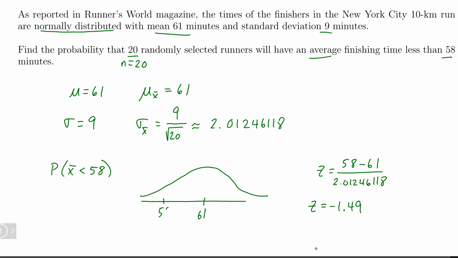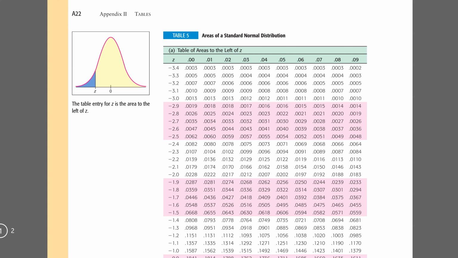So we know that we're looking for approximately this area. If we look up negative 1.49 on the normal distribution table, remember that we look for negative 1.4, and then we go over to the column for 0.09. This shows us that the corresponding value is 0.0681.